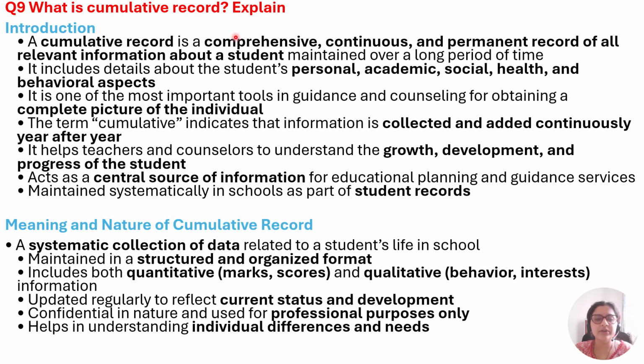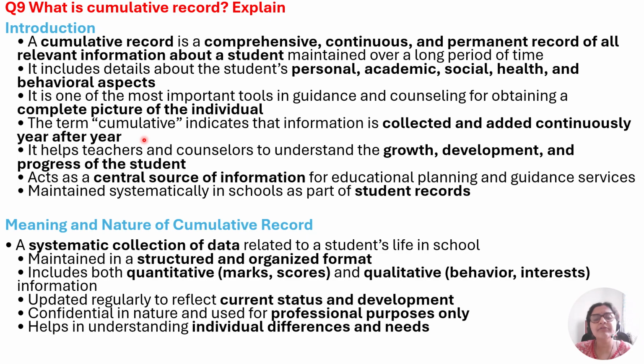What is cumulative record? Explain. So cumulative record is comprehensive, continuous, and permanent record of all the relevant information about the students maintained over a long period of time. So it includes details of students like personal, academic, social, health, and behavioral aspects. Okay, it is one of the important guidance and counseling tools in order to get the complete picture of an individual.